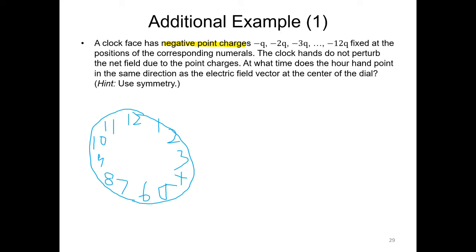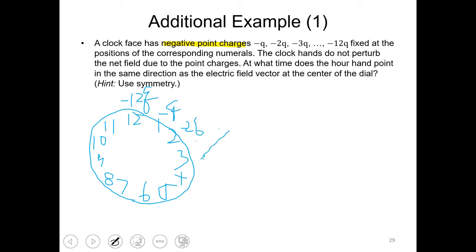So we can actually separate into two parts. For 1 we have -q. For 2 we have -2q. Until this is -12q.